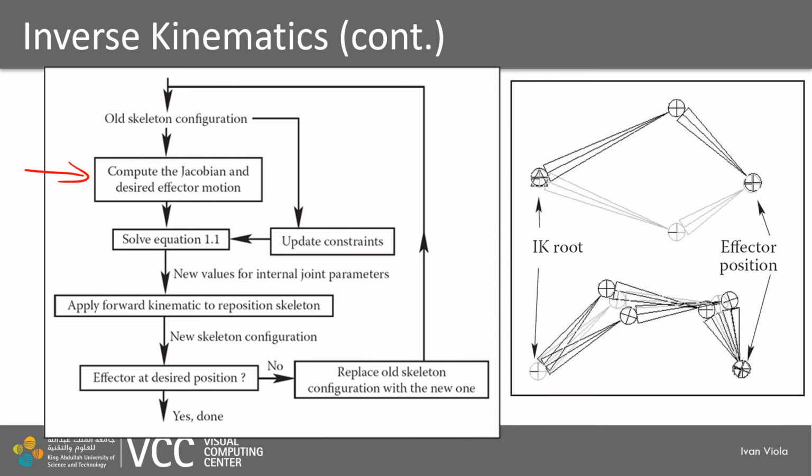Once we calculate it, then we can apply the equation which we had before, where we have the inverted or transposed Jacobian matrix, and then we can calculate the new values for the internal joint parameters.